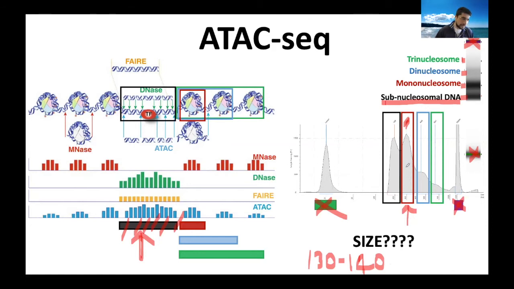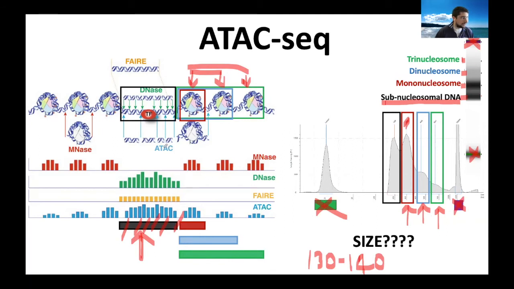So it's mononucleosome in red, then we have dinucleosome in blue and trinucleosome in green. You can see on the left one nucleosome, then two nucleosomes here, and three nucleosomes here. Okay, so this is the size of the library that we capture.